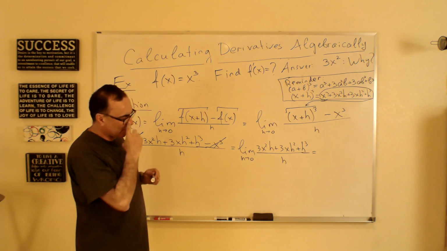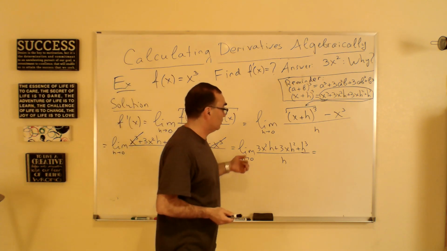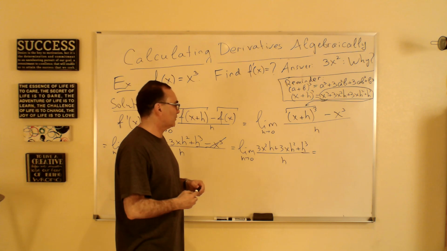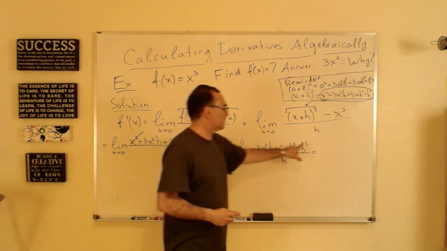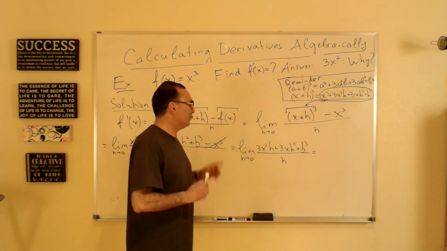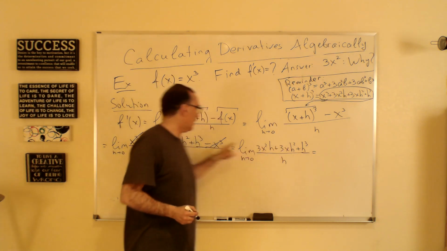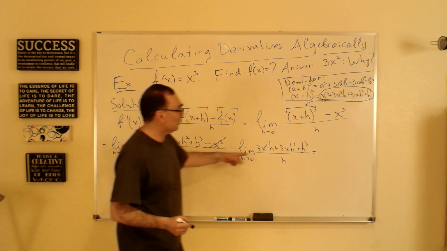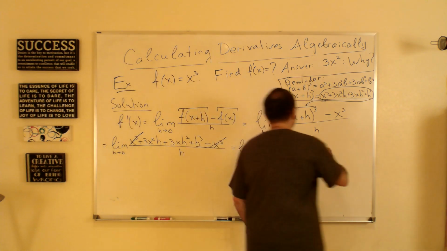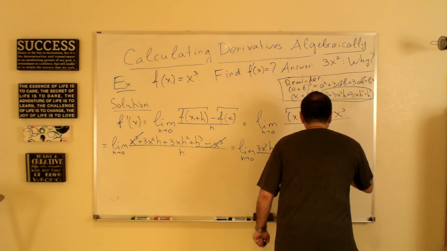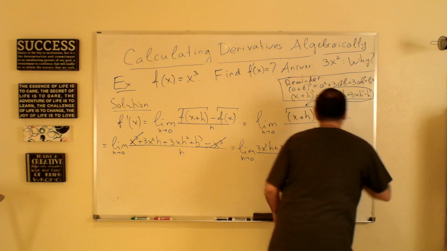Actually, at this point, we can check that we are on the right track. If we are not able to factor out h, if for whatever reason there is a term that has no h in it, that means we're doing something wrong. In problems like this, after initial cancellation, it is always possible to take out h. So let's do that. The denominator is always h.